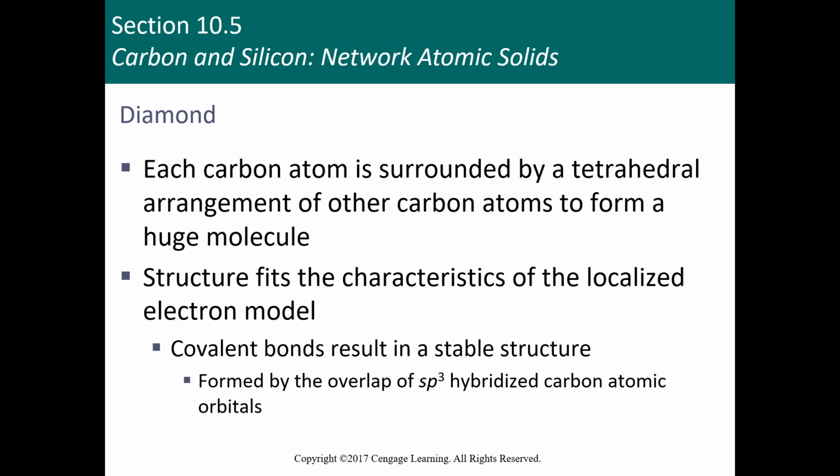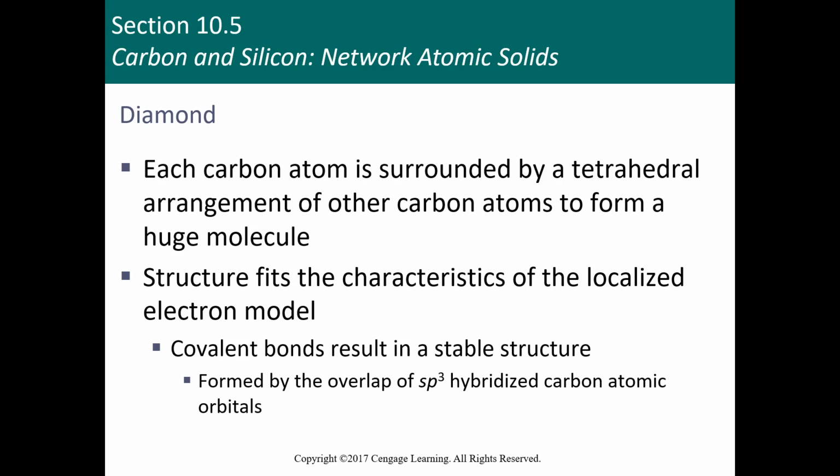But on the other hand, covalent bonds are directional, and so if you hit it with force, it will fracture instead of bending. And that's why metals are so good at absorbing force, because they will bend rather than fracture, whereas diamond will fracture.